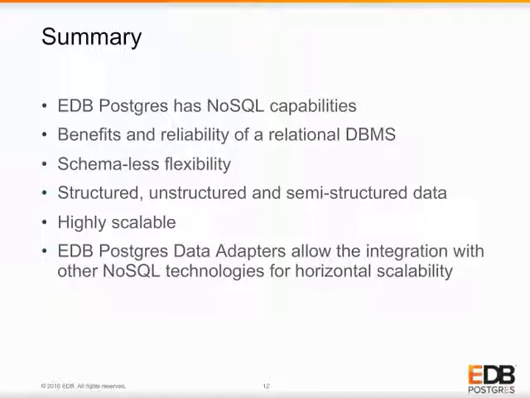And if you decided to do that, you don't have to give up on all the benefits of a relational database. If you wanted to leverage those, then you could use the EDB Postgres data adapter to allow the integration of a NoSQL only technology into your EDB Postgres solution.